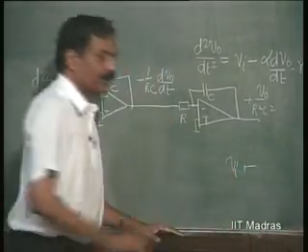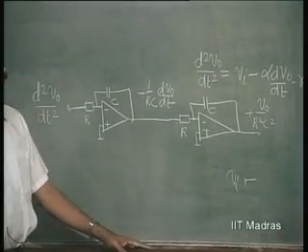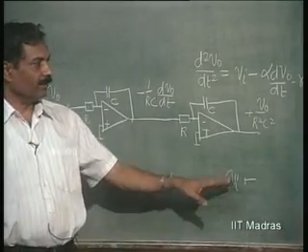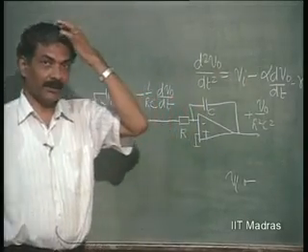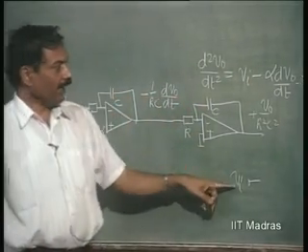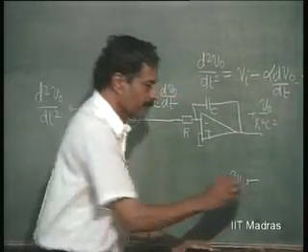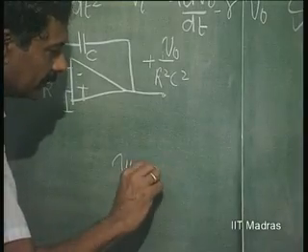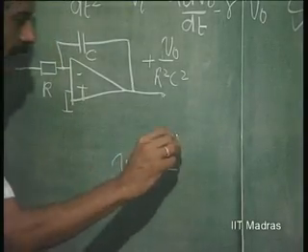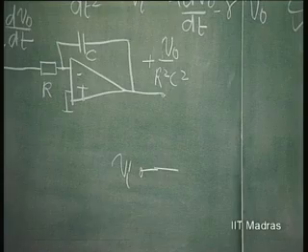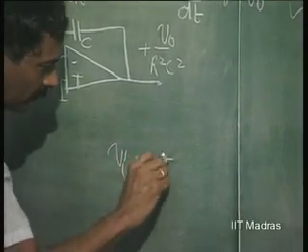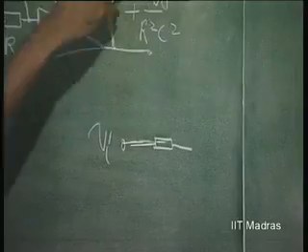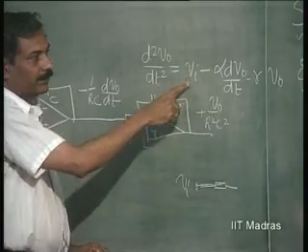V I is an independent input. So, V I is available, this is available, this is available. How do you get therefore the summation of all these things? Let us see. V I should be added without any inversion or anything. V I is to be connected to the non-inverting terminal, because the coefficient of V I is positive.